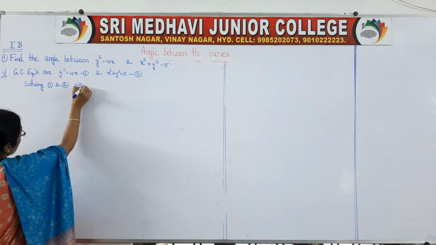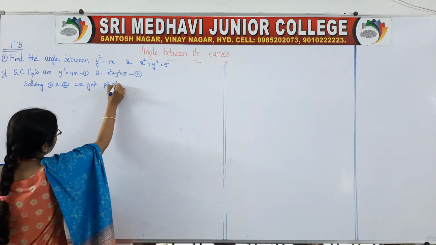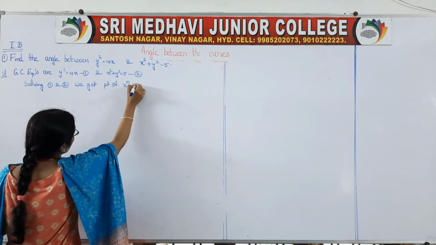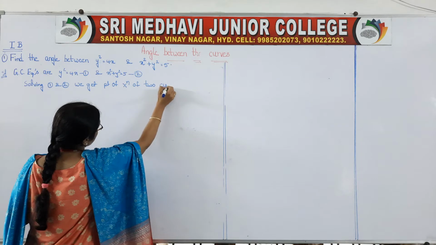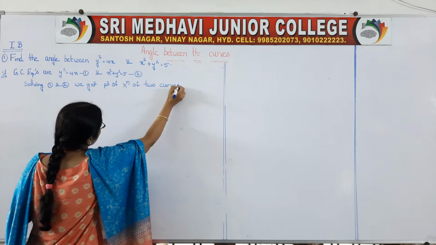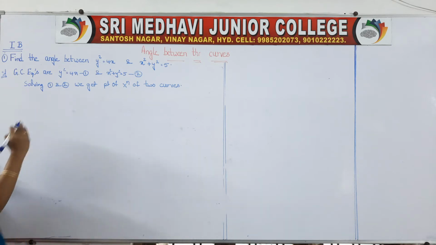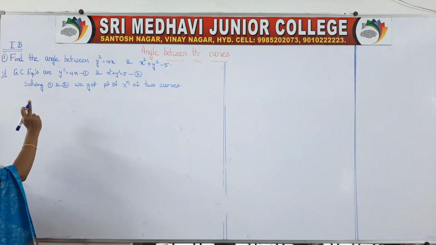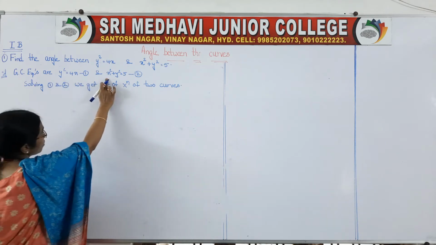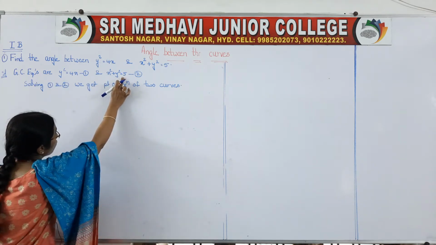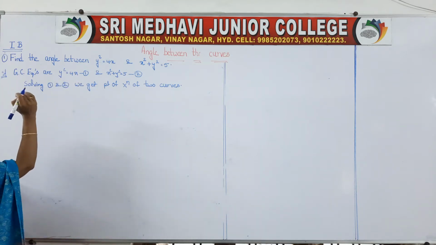We get the point of intersection of the two curves. So we can get the point of intersection of two curves by solving these two curve equations. How can we solve? Here y square is equal to 4x is there. Here x square plus y square is equal to 5 is there. Substitute this y square value in that equation, isn't it?